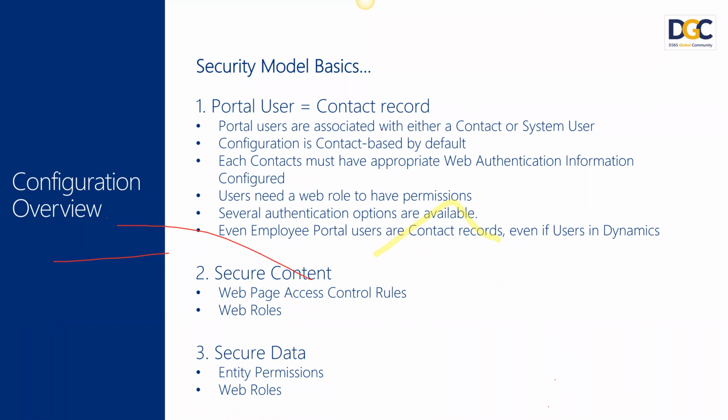To log in, a user must have appropriate web authentication information configured. For example, whether it is contact based, or there are a couple of other ways to authenticate, such as Azure AD authentication and external authentication. But most of the time it is contact based, meaning local authentication.